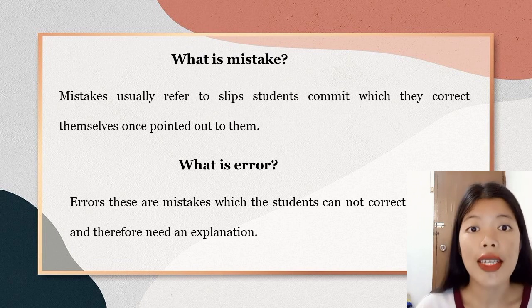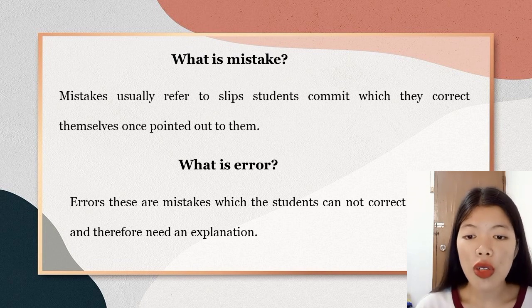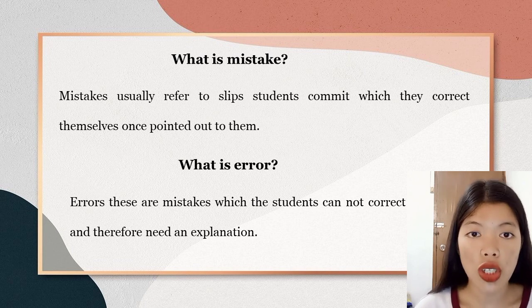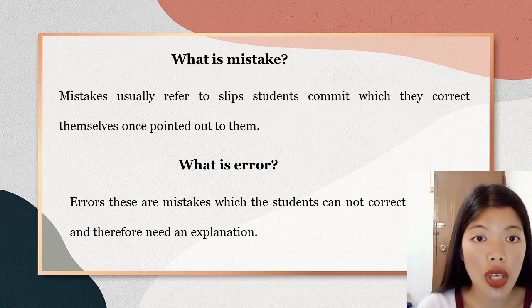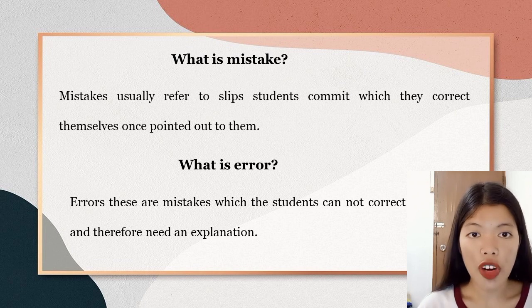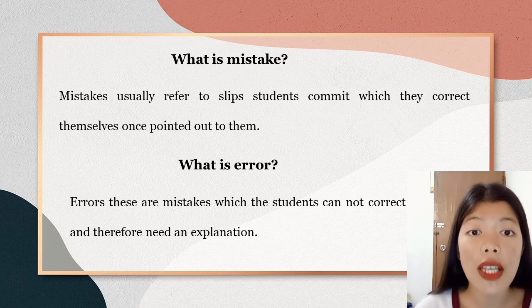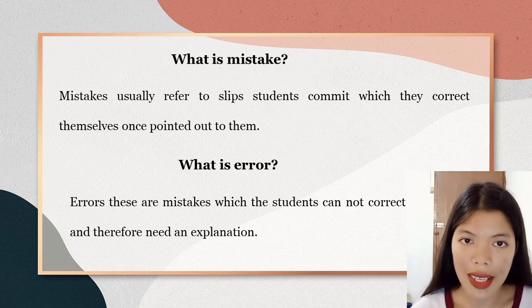In that way, the student will learn. And then what is error? Errors are mistakes which the students cannot correct themselves and therefore need an explanation. For example, subject-verb agreement. Your student makes a sentence with a singular subject and plural verb. That is an error. So in order for your student to know when to use singular and plural, you will explain to them the subject-verb agreement.